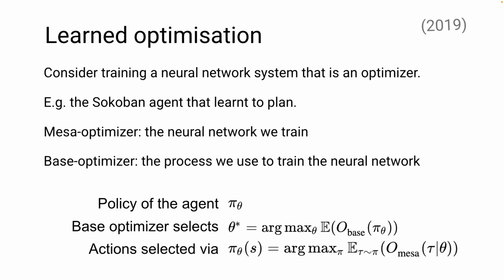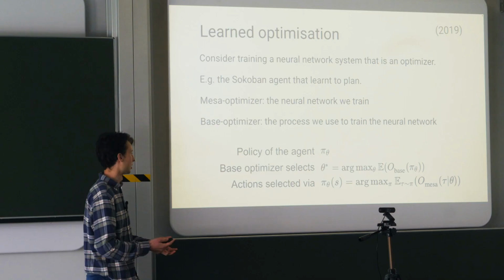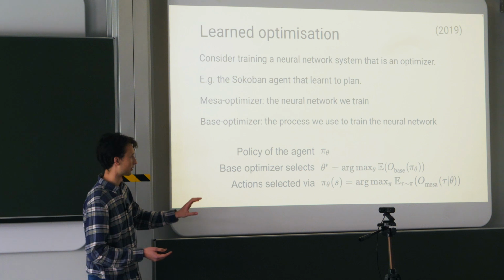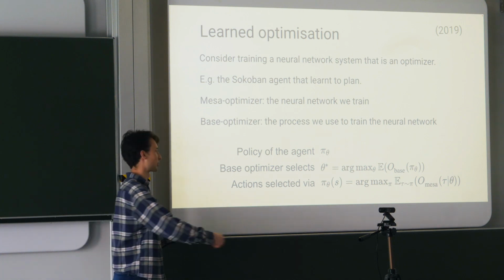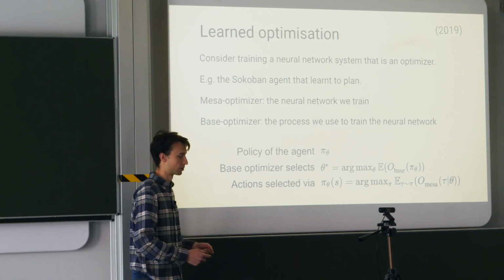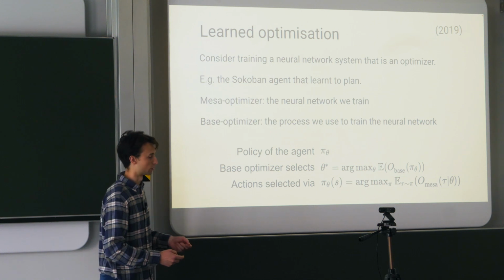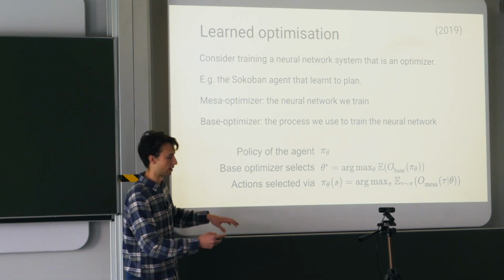And so that's how well does this network learn? How well does the network perform? Whereas the agent itself can be well modeled as choosing actions to maximize some objective that it has. In this case, I'm using tau to denote a trajectory of how the system evolves.